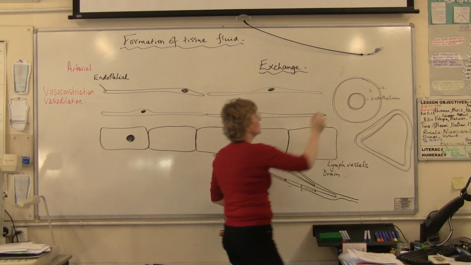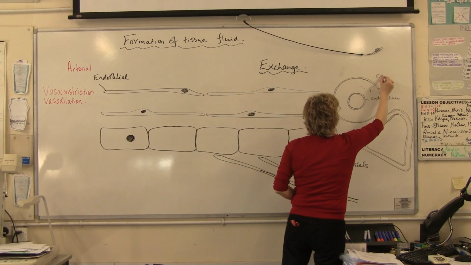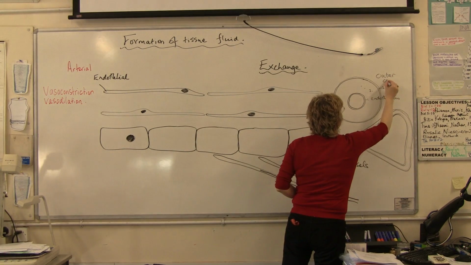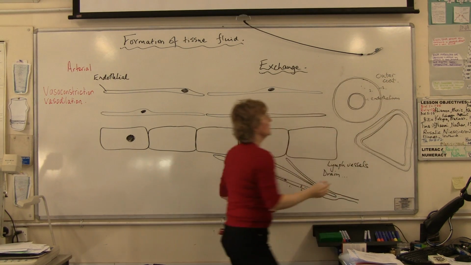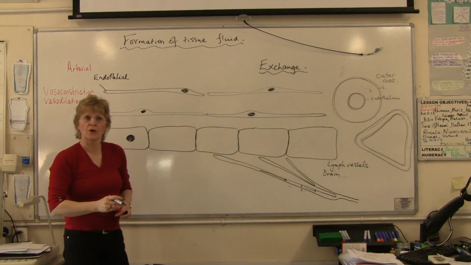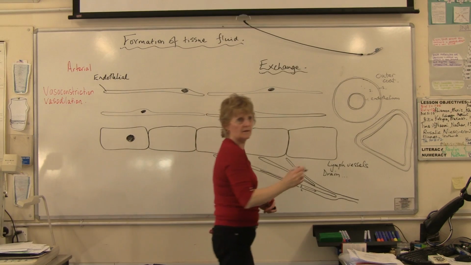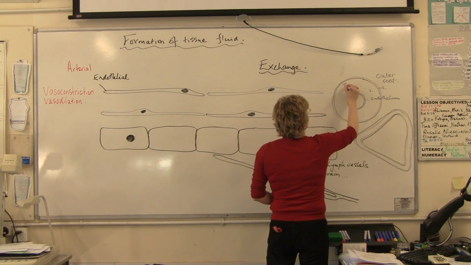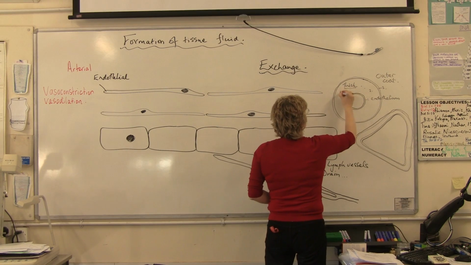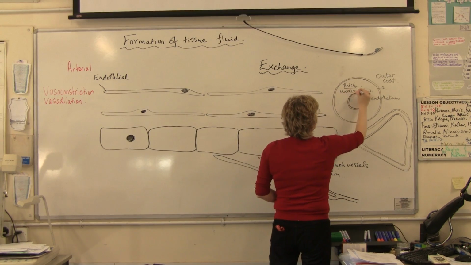No, because that's still lining ducts and tubes. It's the outer coat. Okay? Alright. And 2, Scott. That's thick muscle and elastic layer. Okay, so this is the thick muscle and elastic.